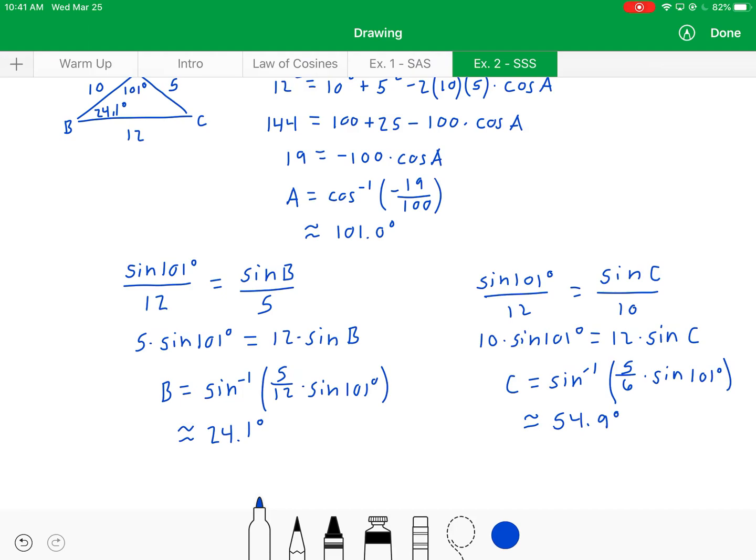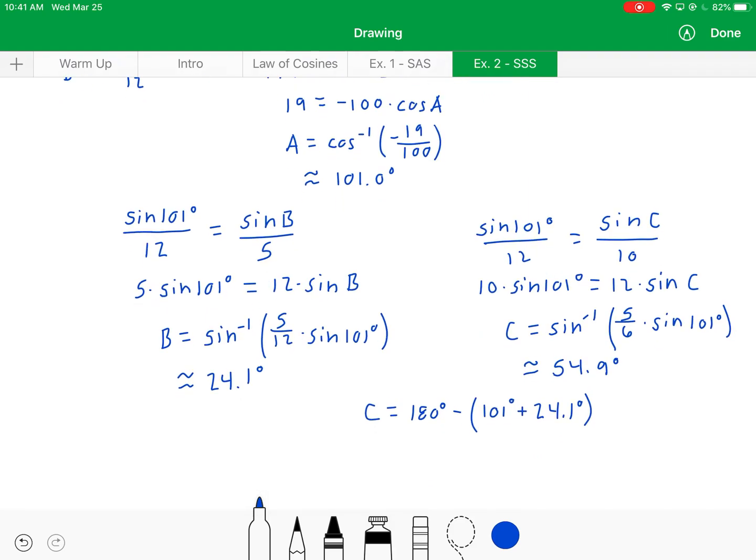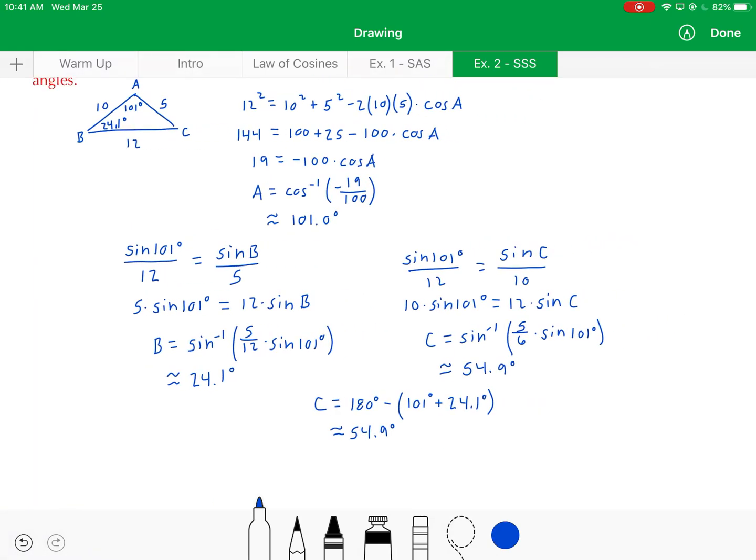Now keep in mind, my other option to get that last answer, the value for theta, is I really could have just found C by taking 180 degrees and subtracting it by the sum of my other two angles, right? That should lead you to the 54.9 degrees as well. All right? So let's just circle them. 1, 2, 3.